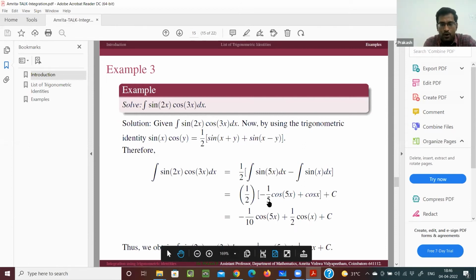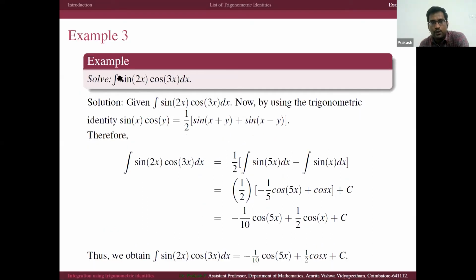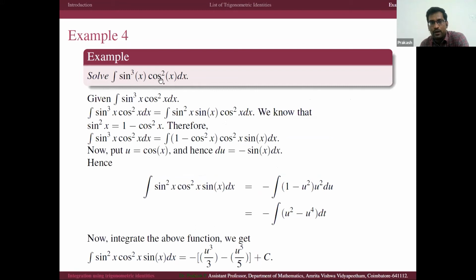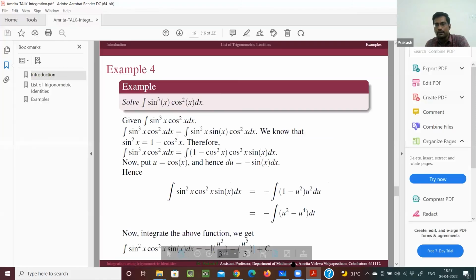So the next one here. You see here, product terms are coming, and additionally powers are also coming. With the product of 2 trigonometry functions and powers involved, how do we evaluate? This is also easy if you know the trigonometry identity.